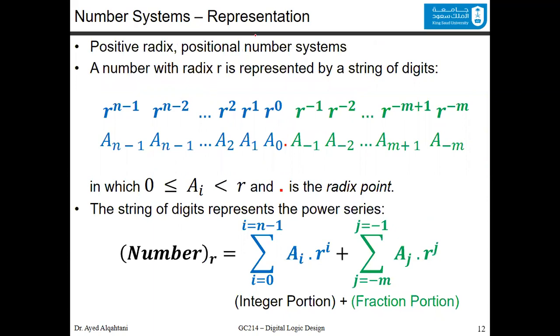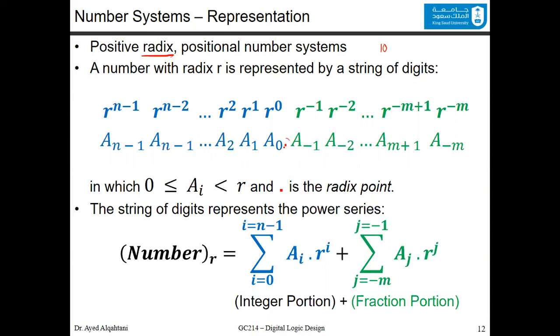The number system representation: to represent numbers, we have to define what we call a radix R. The numbers that we all know have the decimal radix, which is a power of 10. A number with radix R in general is represented by this string of digits. You can see the point here.